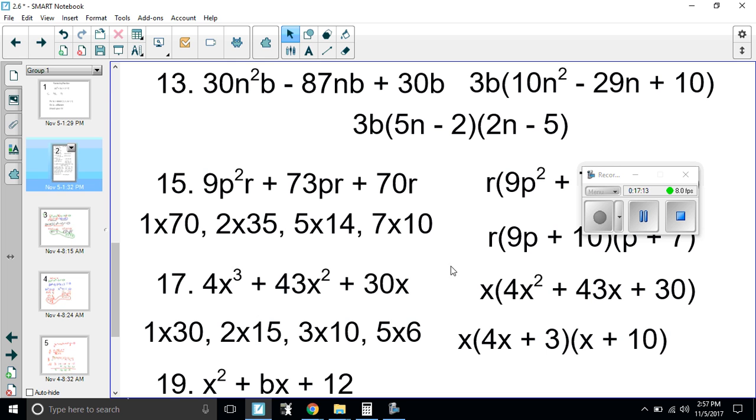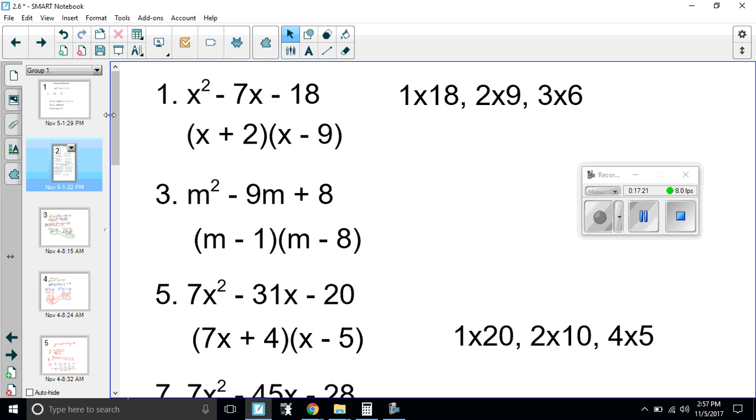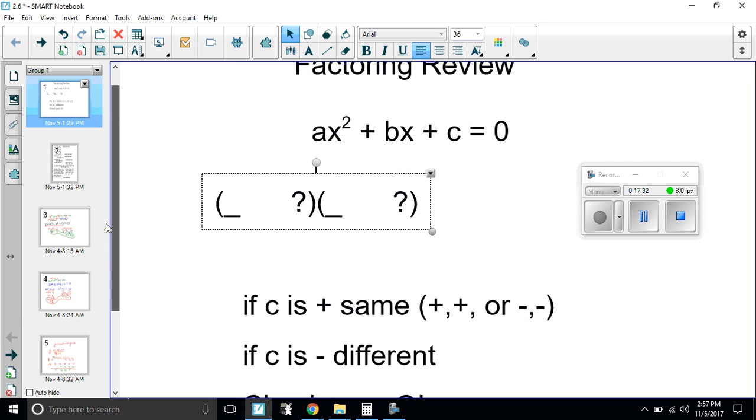I showed where I factored out the greatest common factor. So basically be prepared to walk through it, like how you could get that factored expression, kind of using these rules here. You checked your OI, you knew that C was positive, so that means they were the same sign. Just be prepared to explain your process on Wednesday.